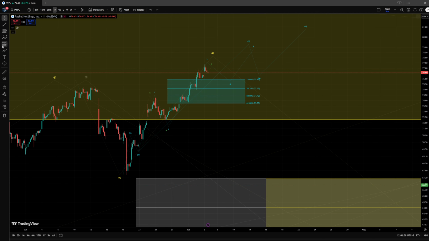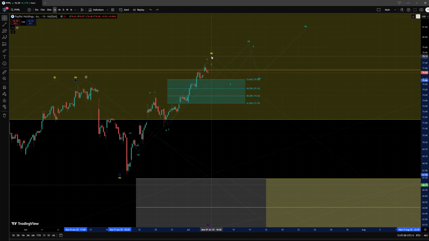As you can see also in the green scenario we have an A, B, C movement here, but I would like to see a slightly higher high in this area to complete this and make it easier to consider this a 5-wave move. It's not necessary. We can go directly lower, it would just look better.